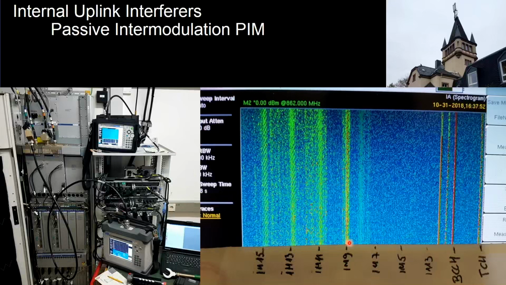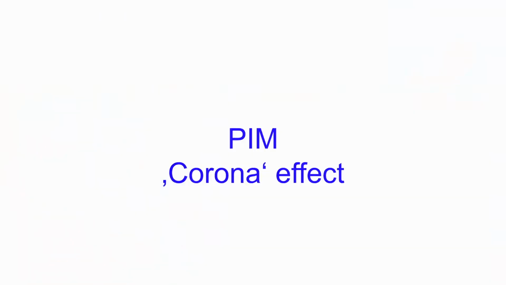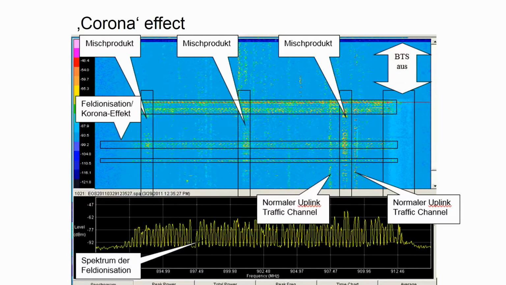And we see here the 9th and the 11th and the 13th intermodulations of these mixings, of these modulations. This works well with GSM, and with broadband signals, it's not that easy anymore to see them.